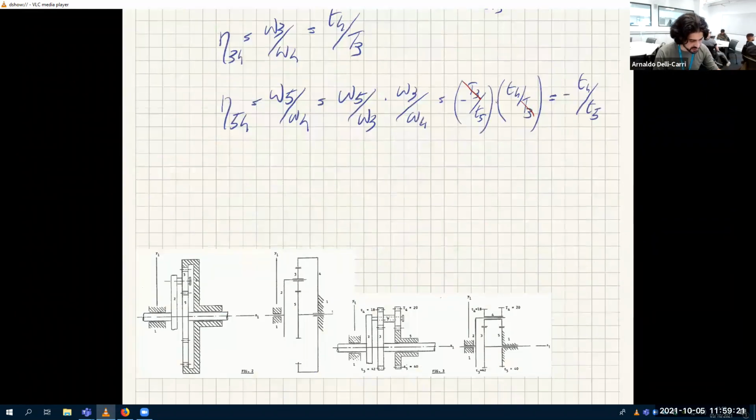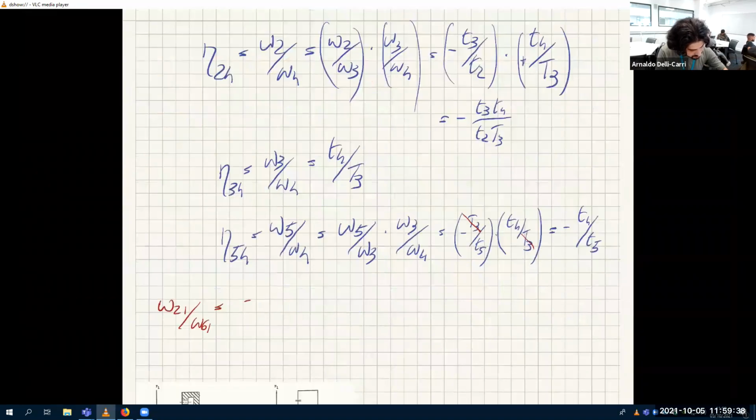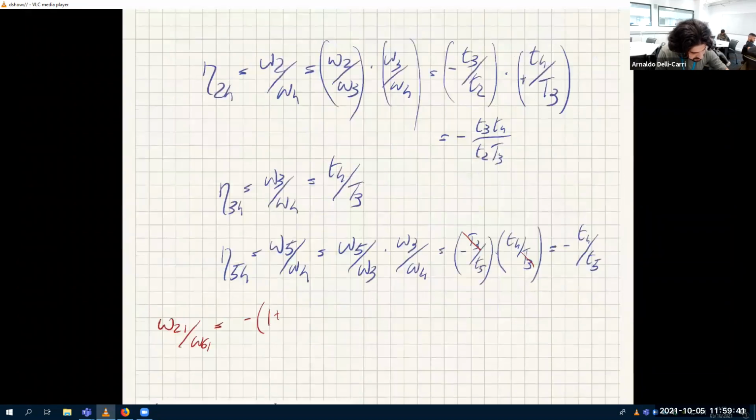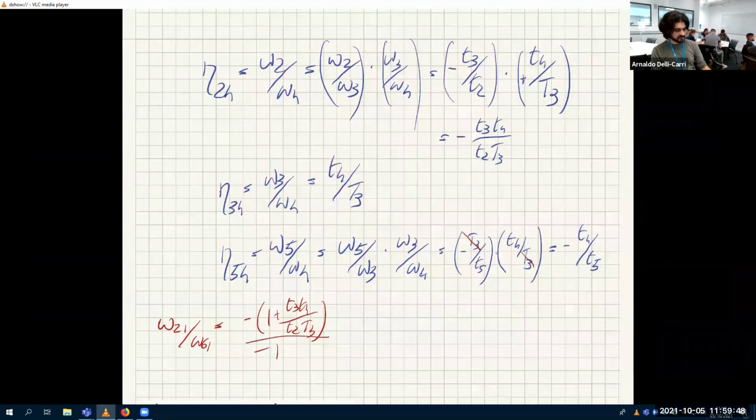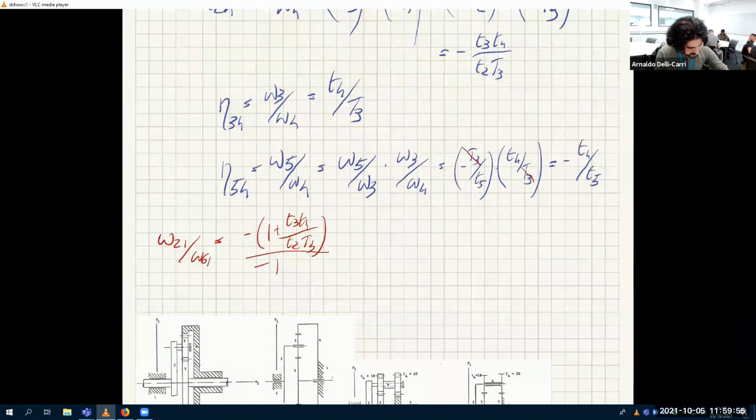Omega 2 over omega 6 is this beast: minus 1 plus T3 T4 divided by T2 T3, divided by minus 1. This is numerator, denominator. And so this gives a number.